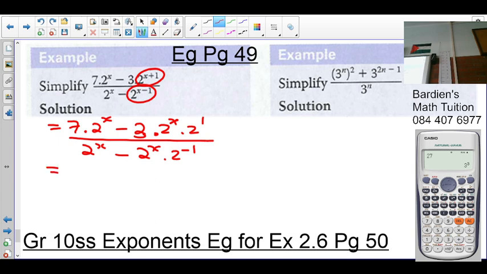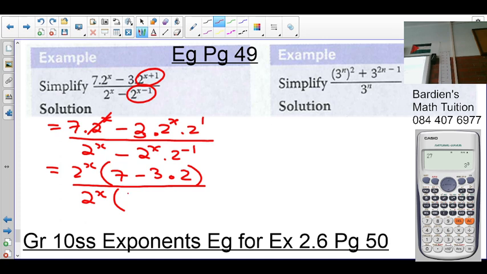So what is now common in the numerator? 2 to the x. What are we left with? 7 minus 3 times 2 to the 1, which is 2. Over, 2 to the x is common. What are we left with? 1 minus 2 to the minus 1. What do you notice now?